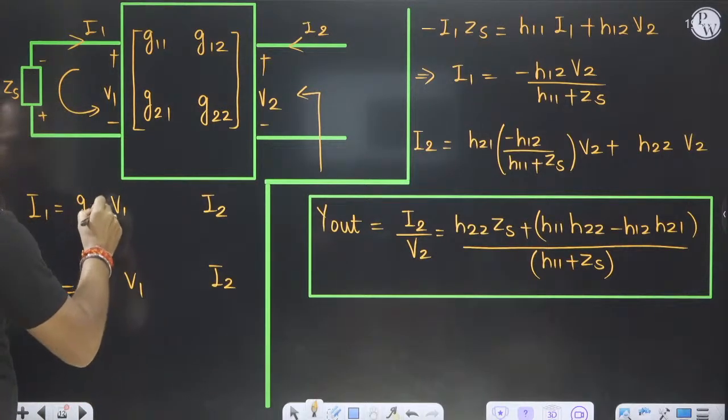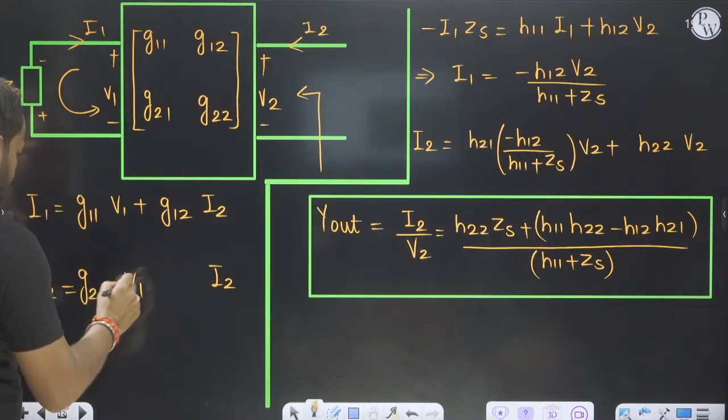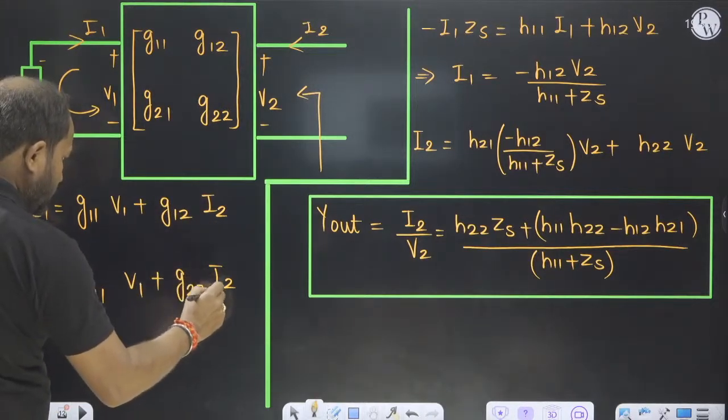Here V1 is G11 I1 plus G12 V2, and so on with G21 and G22.